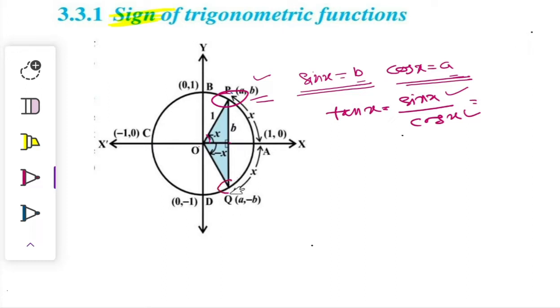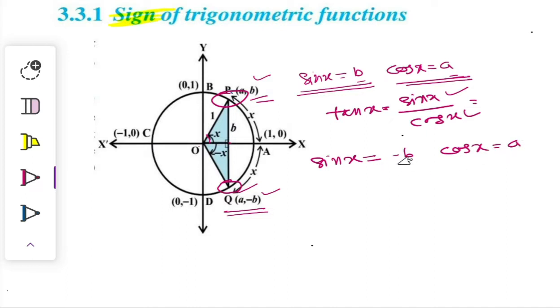Let's consider now, if the point, say Q, lies in the fourth quadrant, what happens here? If the coordinate a is positive and b is negative, then obviously in the fourth quadrant sin x equals minus b and cos x equals a.